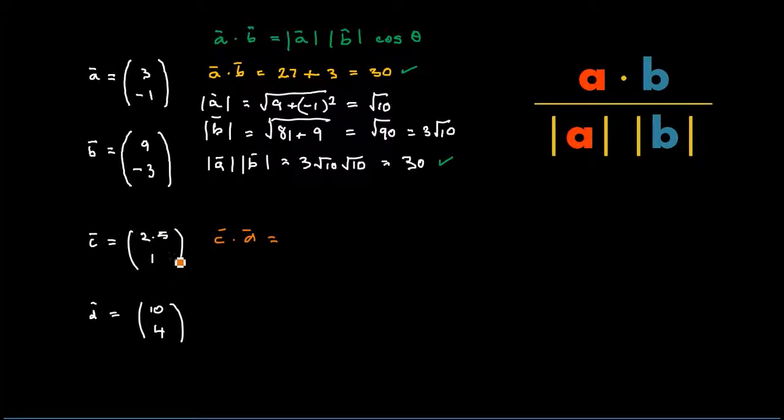So 2.5 times 10 gives us 25, and 1 times 4 gives us 4. So we get 25 plus 4 equals 29. So that's the numerator in this construction here. And what we're wondering is, do we get exactly the same number when we multiply the two magnitudes together? Let's have a look.